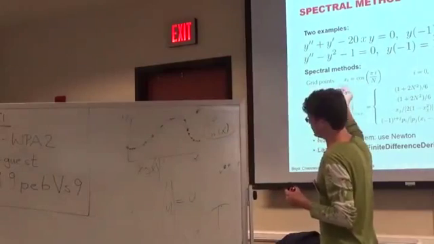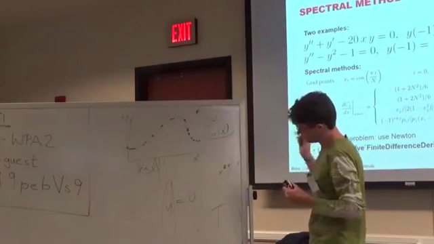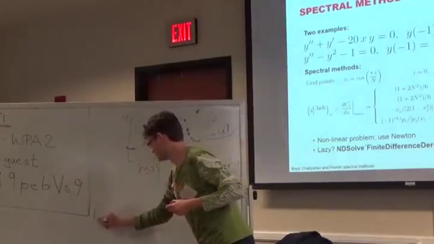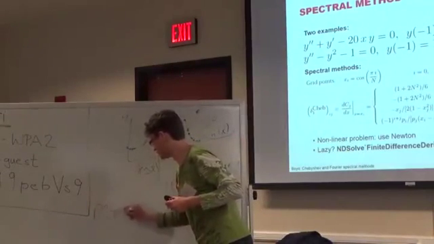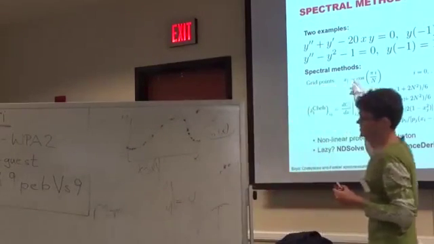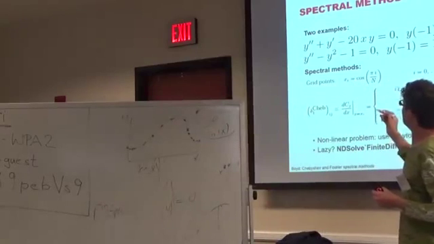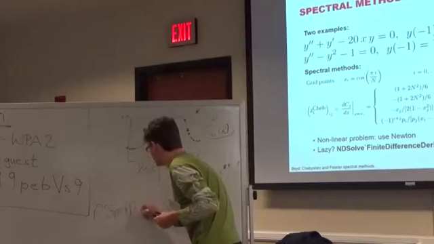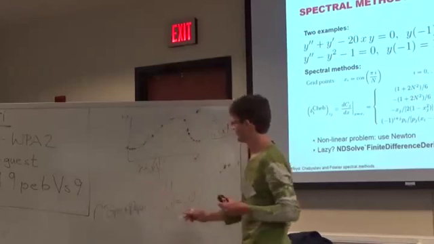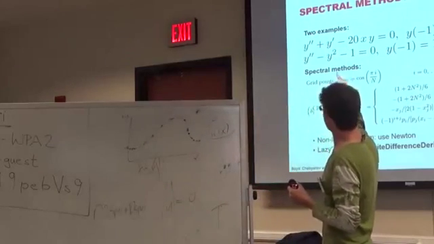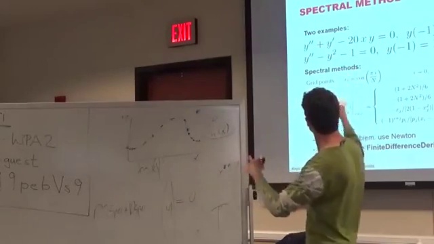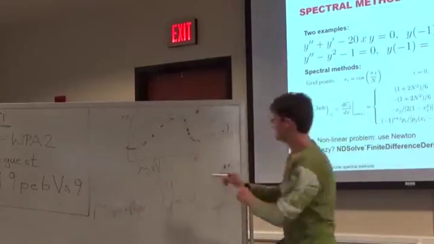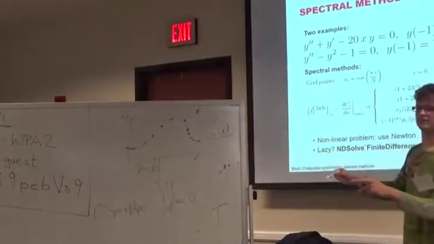But now we more or less know what it is, because for y prime prime, this is a term which I usually call D_spec squared, a matrix acting on y, which gives you the second derivative of y. Then I put another one, plus y prime, so this is plus the other spectral differentiation matrix. And then there's a constant, a diagonal term, which just multiplies every term with -20 times x. And that is then rewriting this differential equation as a matrix equation.